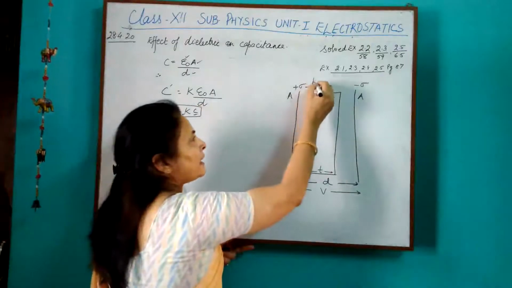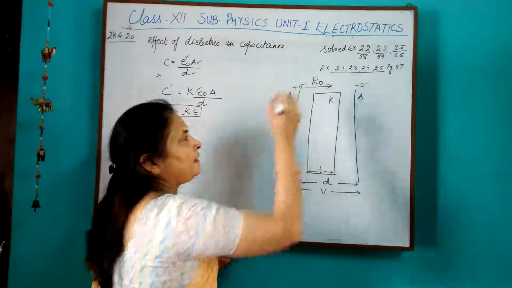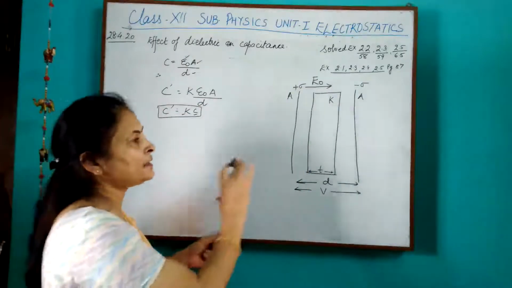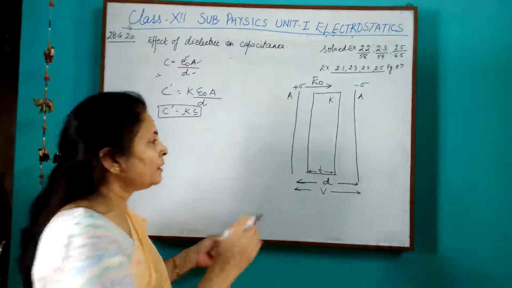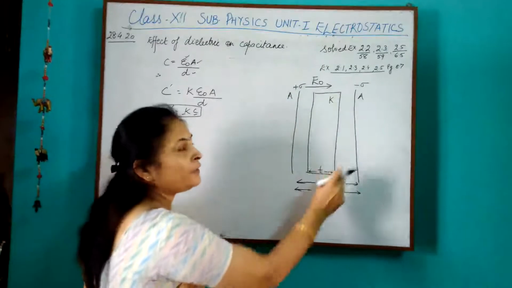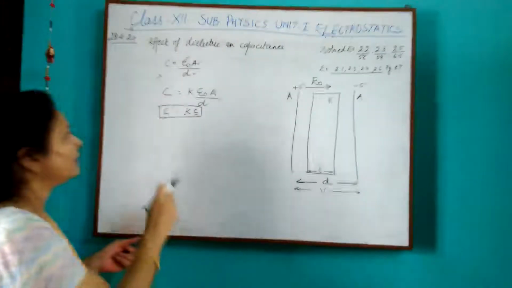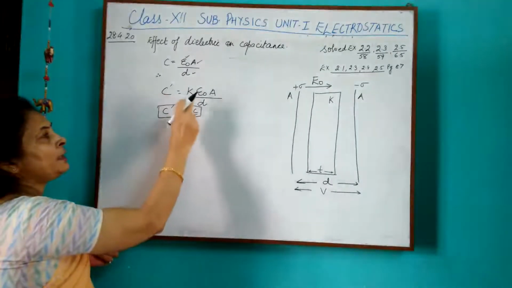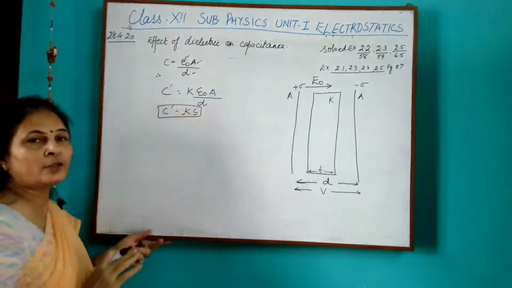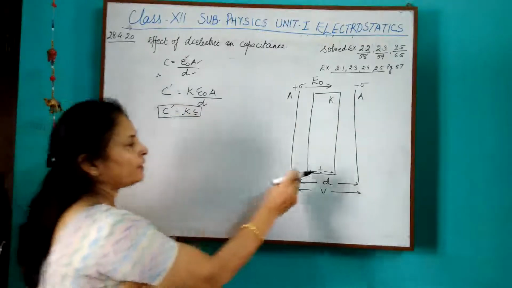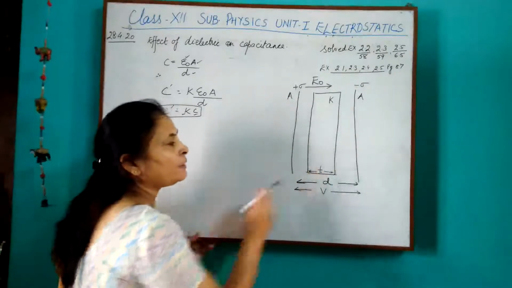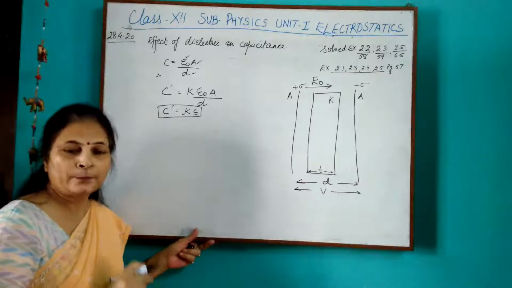Let us take this as E naught. This is the situation. Now if the whole area had been filled with K, the value would have come out to be KC, the original value. But what if only a part of it is kept here?